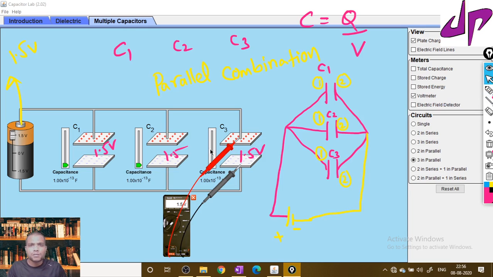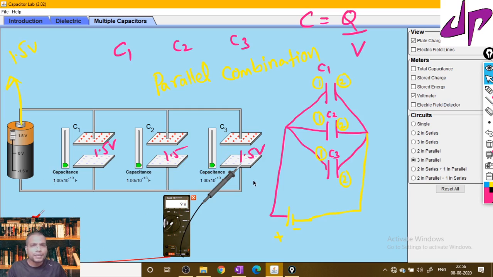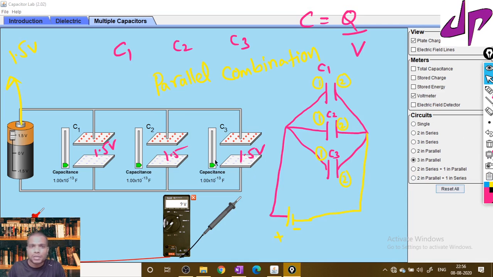Because we connected all the plates of one side to the positive terminal of the cell and all the other plates of the capacitors to the negative terminal. So in a parallel combination, the potential difference is the same. That is a very important statement: in a parallel combination, the potential difference is the same.